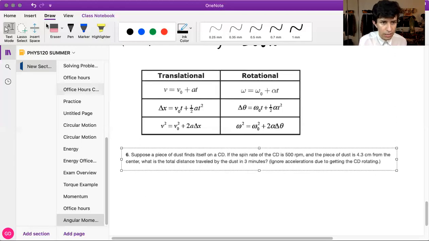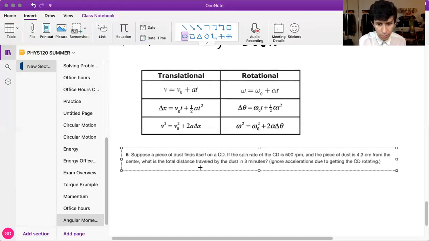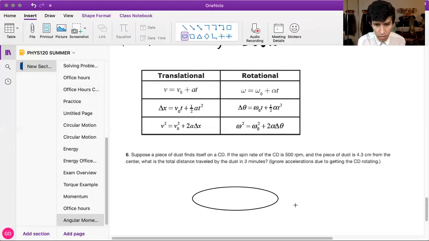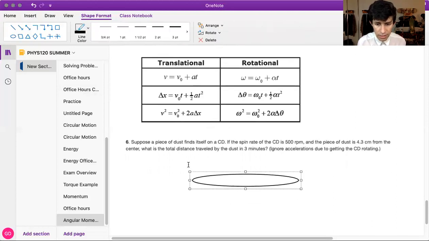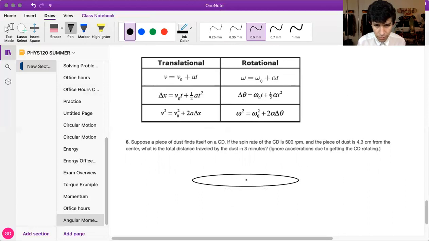So let's just insert images, they always help. Something like that. It looks really similar to a merry-go-round. So here's where the CD is spinning. The dust particle fell. We don't know how big the CD is, but that doesn't matter.